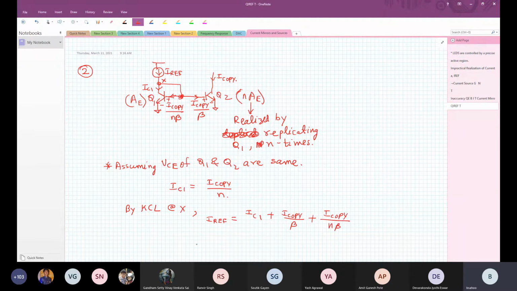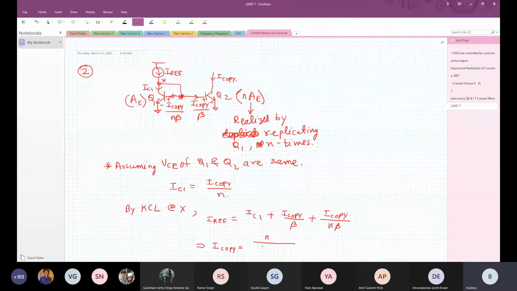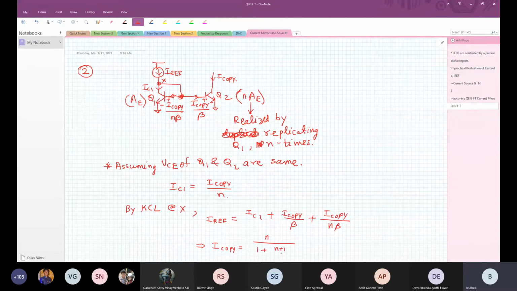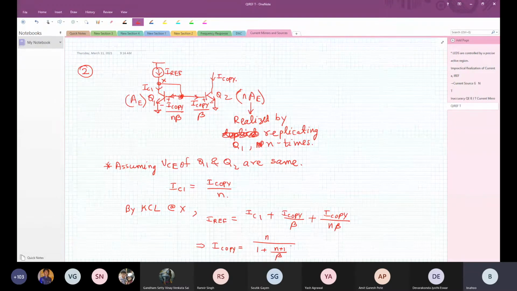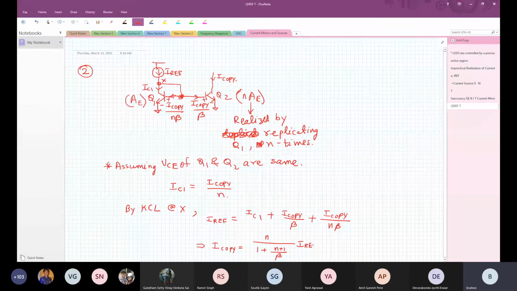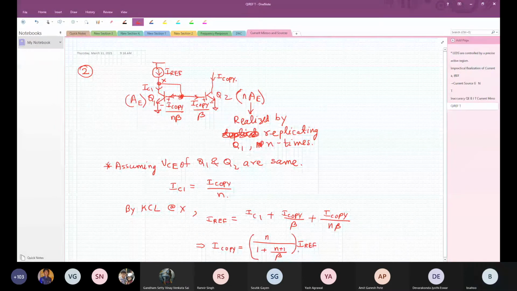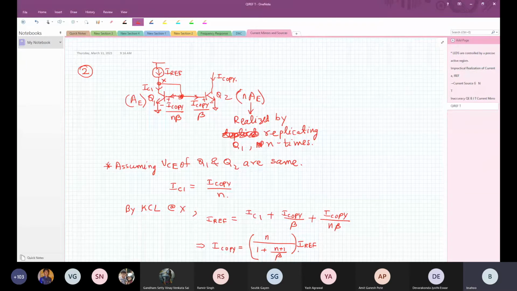Therefore I copy equals N by (1 plus (N plus 1) by beta) times IREF. Does it make sense? Everyone okay with this?